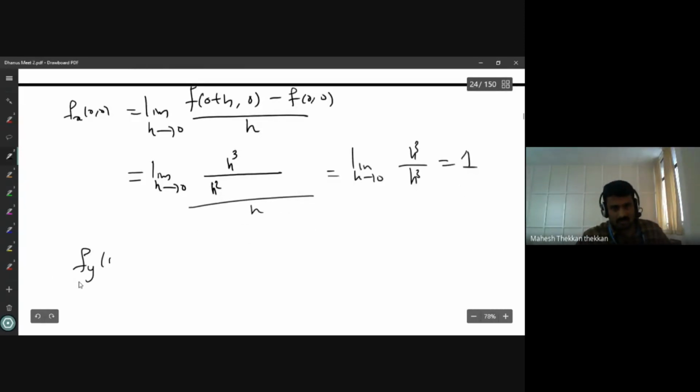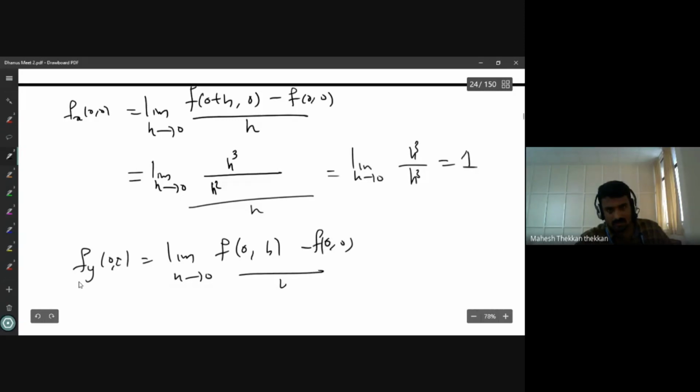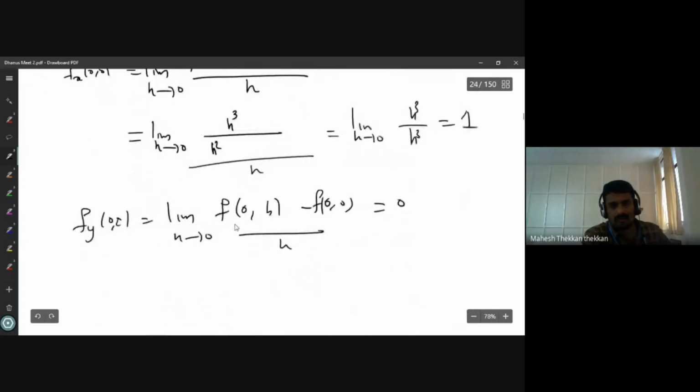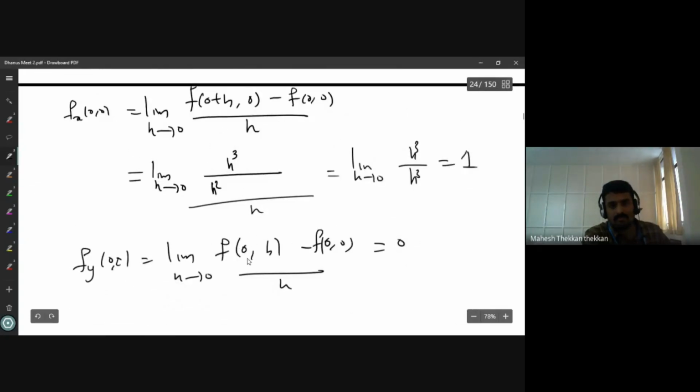fy at 0, 0 is limit h tends to 0, f of 0, h minus f of 0, 0, by h. This is in fact 0, right? Because x is 0, if you put x equal to 0 in the numerator, x cube is there, so the total term turns out to be zero. Whenever x is 0, the numerator is 0.